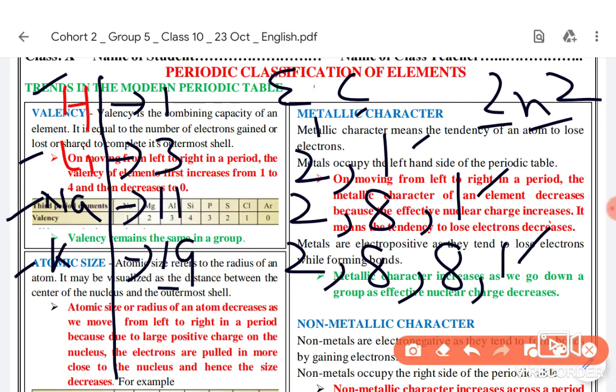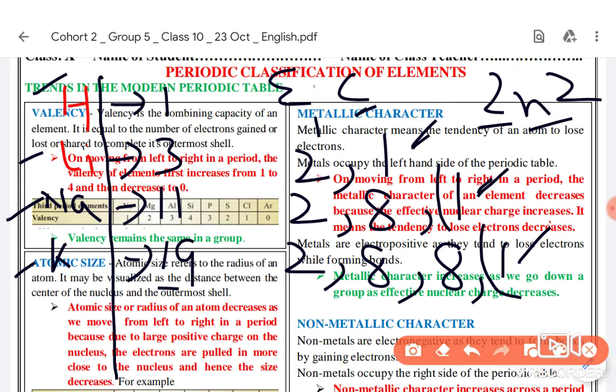It means in a group all the elements have the same number of valence electrons. While we are going from up to down, all the elements have the same number of valence electrons. Since the number of valence electrons is the same, the valency will also be 1, because they tend to lose 1 electron to attain noble gas configuration.